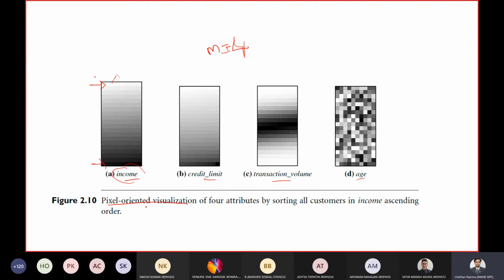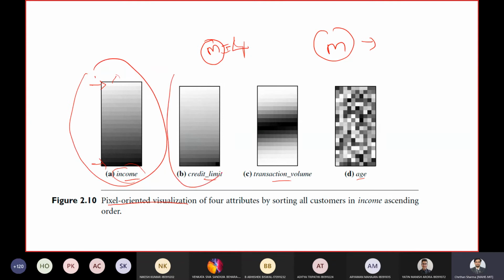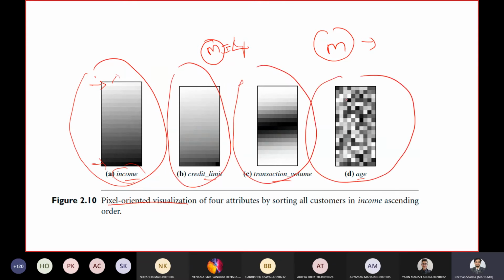So for a data set with m dimensions, here m is 4, pixel oriented visualization creates m windows on the screen. For m dimensions, m windows are created on your screen, where, as you can see, this is one window, this is the other window, this is the third window, and finally this is the fourth window. Each window corresponds to one of the dimensions.